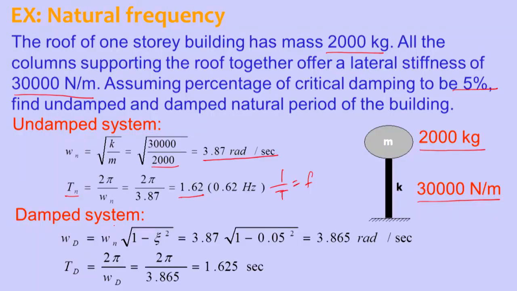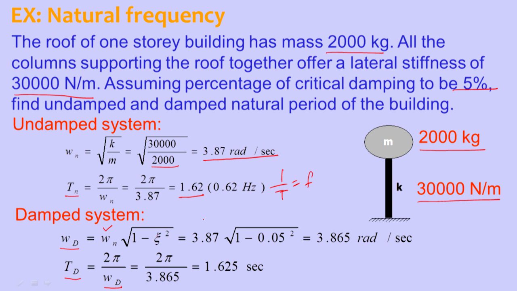So this is undamped. Now when it comes to a damped system, we already know that the damped natural period is 2 pi by the damped natural frequency omega d. Now how do we find omega d? We already know the relationship: omega d is omega n under root 1 minus zeta square.